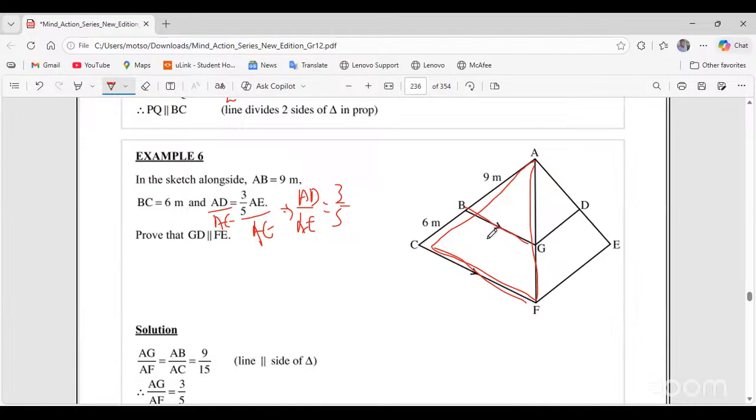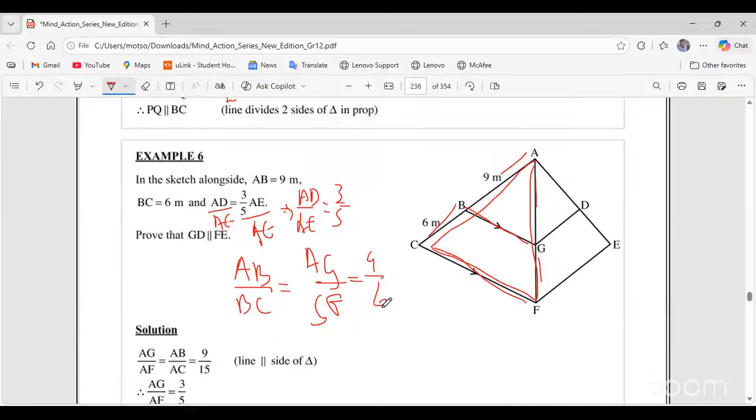Therefore, in this case, you can say AB over BC is equal to AG over GF. They are both equal to 9 over 6.